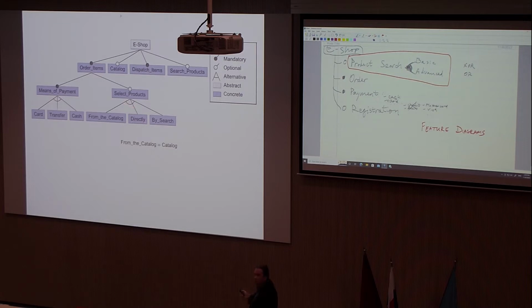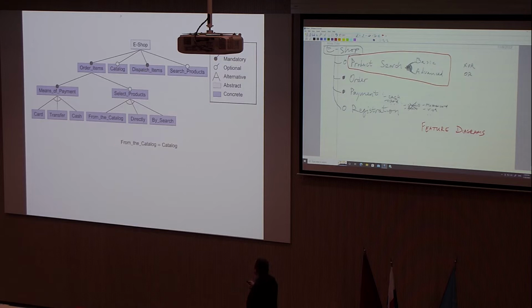I'm not really sure now that this is correct, because I might like my software systems to support several of these. So this should probably be an OR feature. So it should be a filled circle, a filled arc, just like this one here.